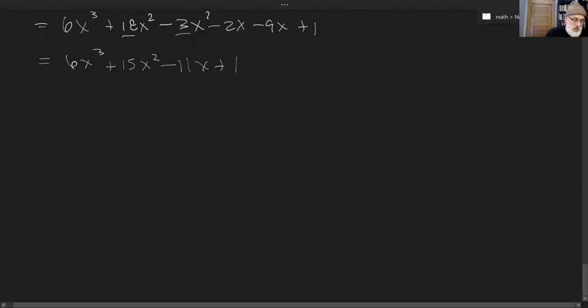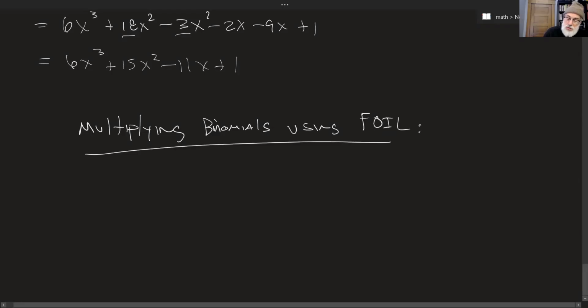Now, there's one caveat here, and it's sort of a special way to multiply what we're going to call binomials using a mnemonic, FOIL. So if you're familiar with FOIL, this will be review.